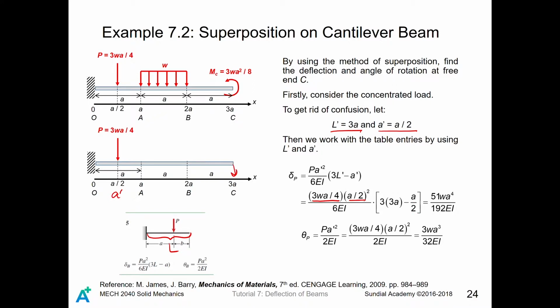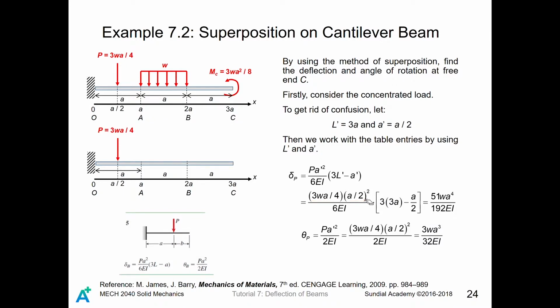So eventually, the deflection at the free end caused by the single load P is given by 51 WA to the power 4 divided by 192 EI. And similarly, for theta, the angle of rotation at the free end due to the single load P, you do the same thing, substitute everything inside, then you will get this.